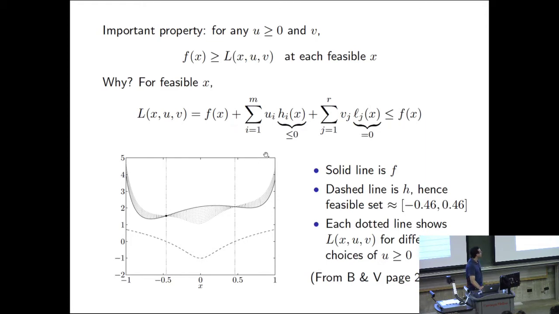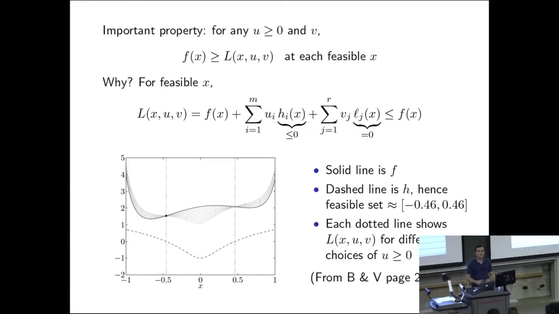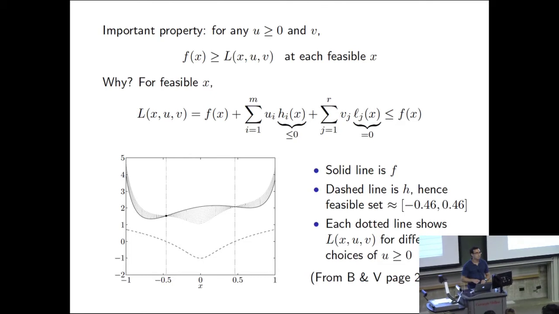Another maybe important thing, or let me pose this as a question rather. In this simple example, we saw if we go outside of the feasible set, we actually get the opposite inequality, right? That L(x, u, v) is bigger than f of x. Is that true in general? If I give you a problem and I construct the Lagrangian and I tell you to evaluate outside the primal feasible set, can we say anything in general? We can't.